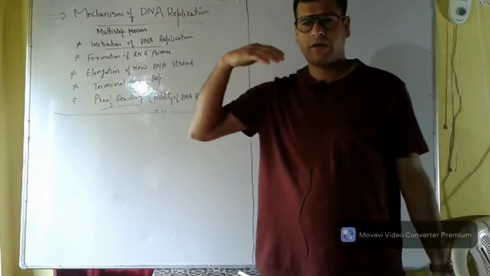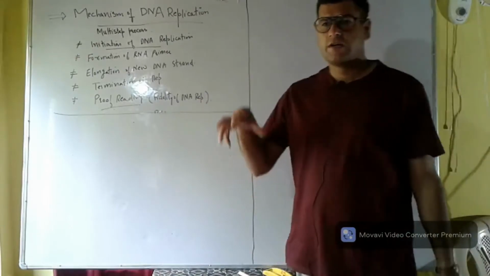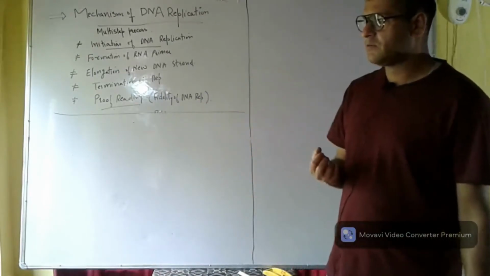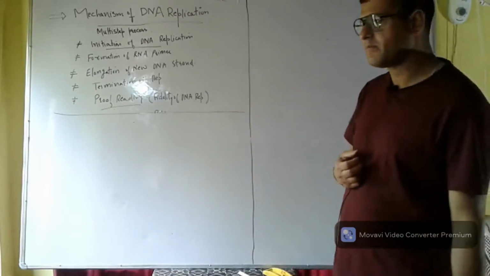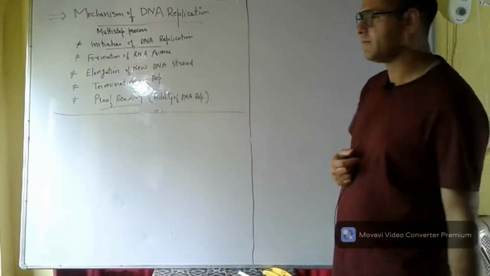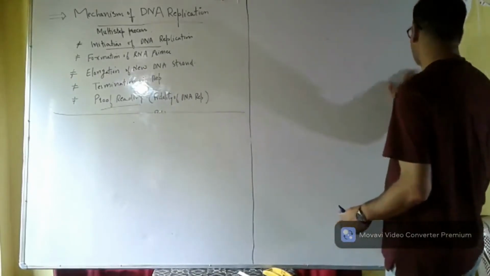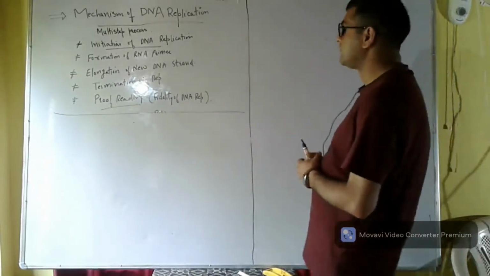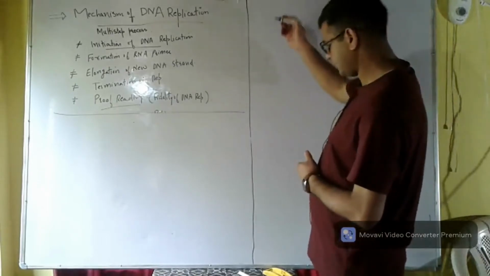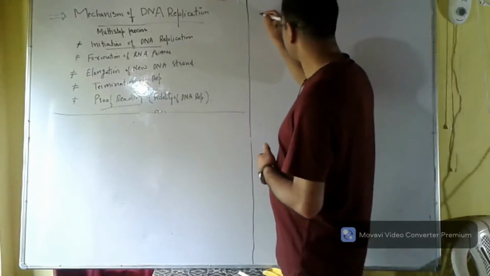It is found in DNA replication of prokaryotes and occurs in viruses, where there is the formation of an RNA primer, and to this RNA primer deoxyribonucleotides are added by DNA polymerase III, the main enzyme for DNA synthesis. Then we have elongation of the DNA strand.